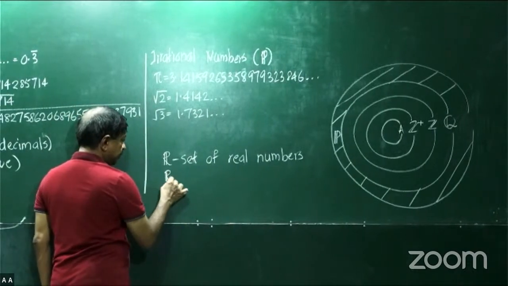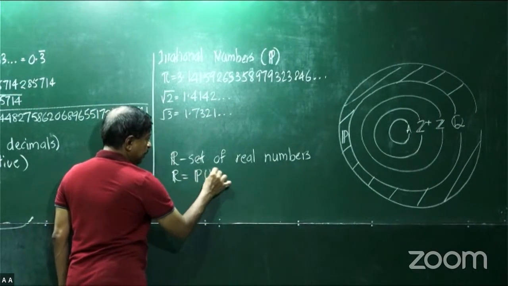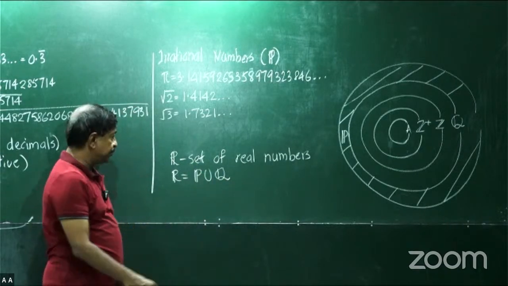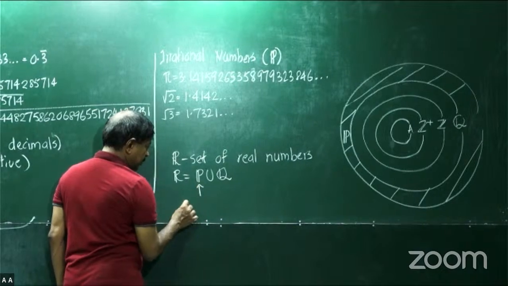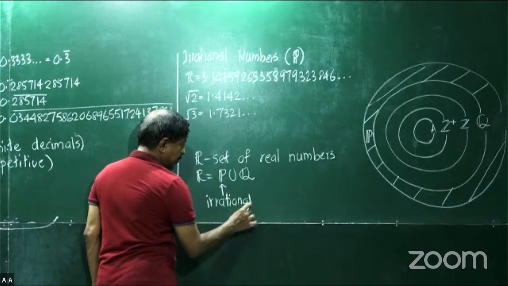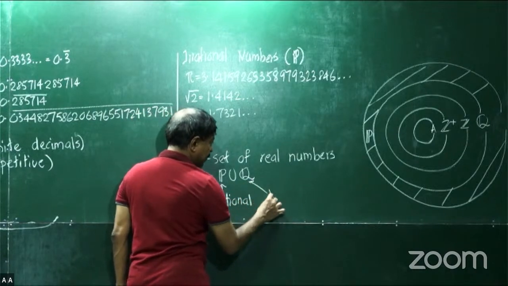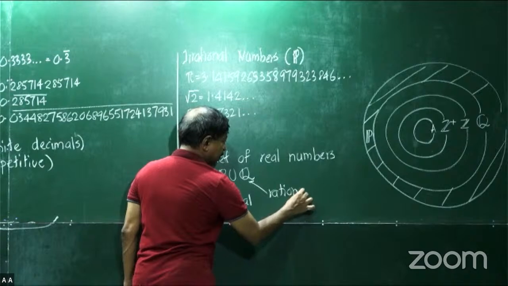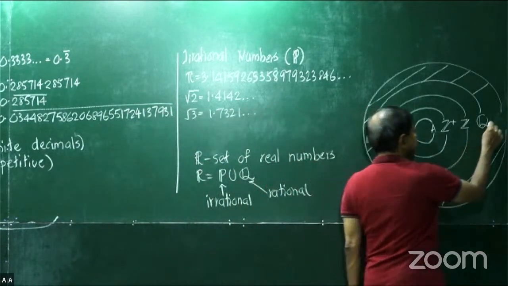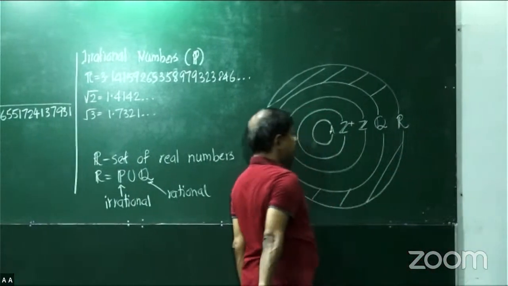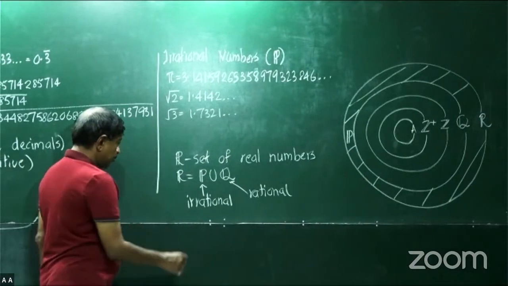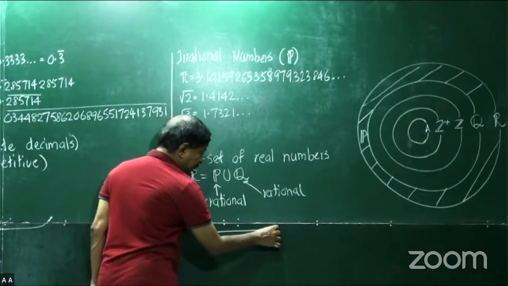So R is P union Q. If you combine both rational and irrational numbers, you get R. But there are some other notations like this. If you take the full real line, that is R.